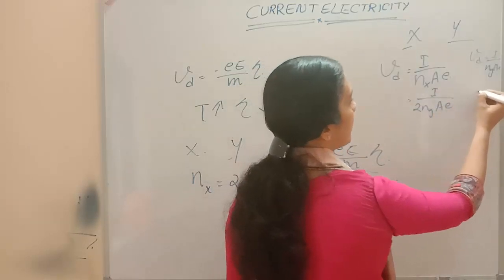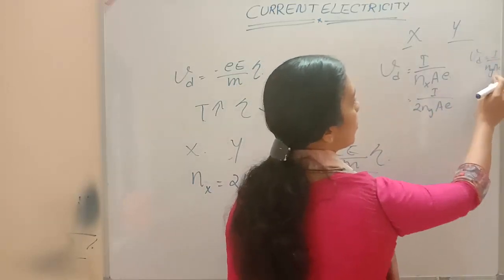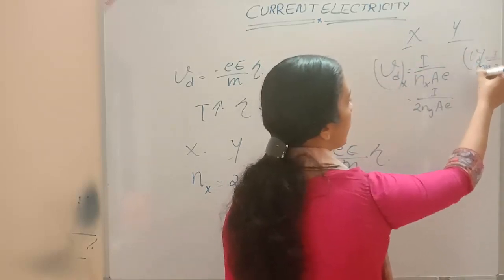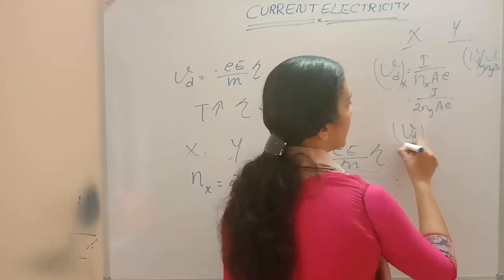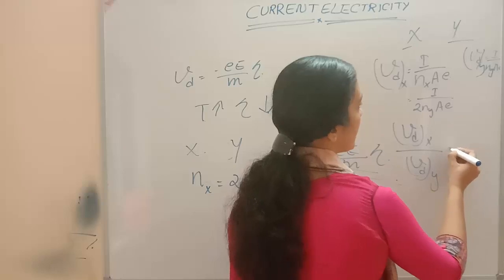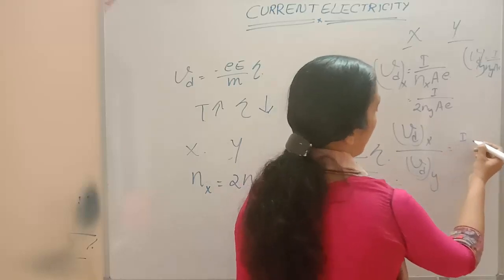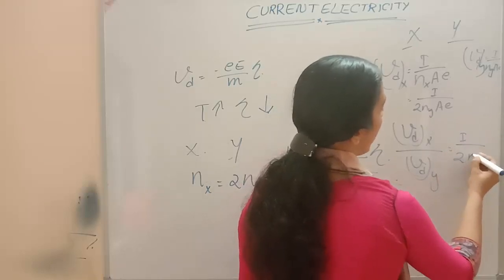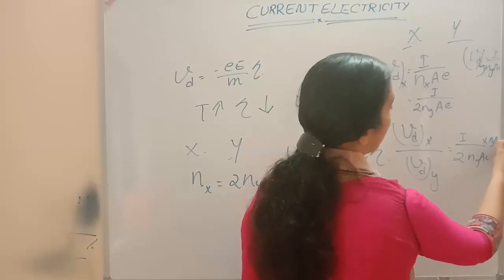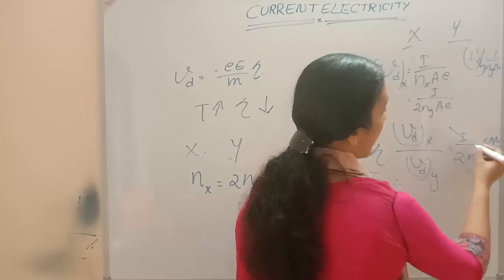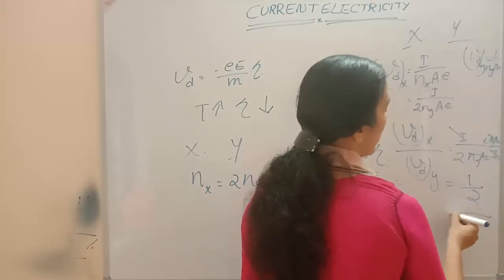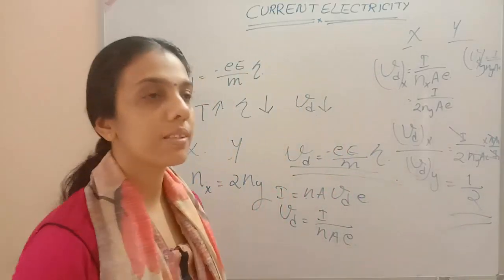So Vd of X divided by Vd of Y is equal to I by 2 ny A e into ny A e divided by I. So I and I will get cancelled, ny A e will get cancelled. So this is equal to 1 by 2. Okay, so this is the ratio.